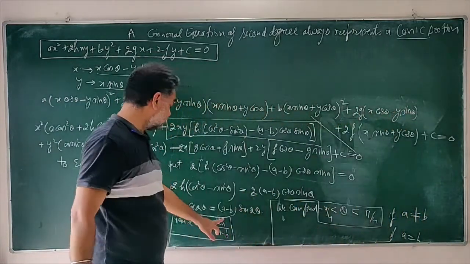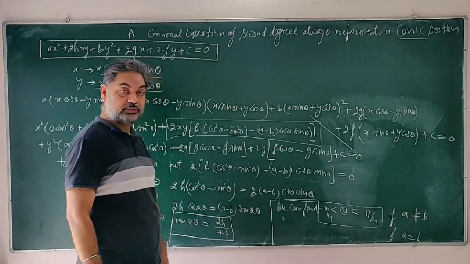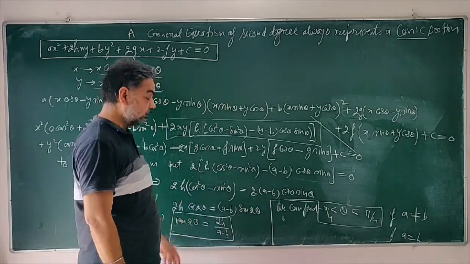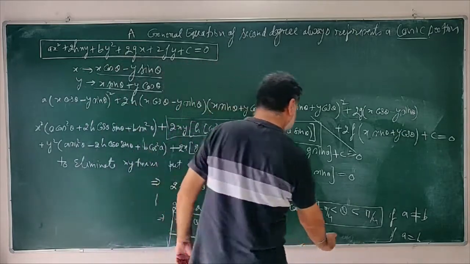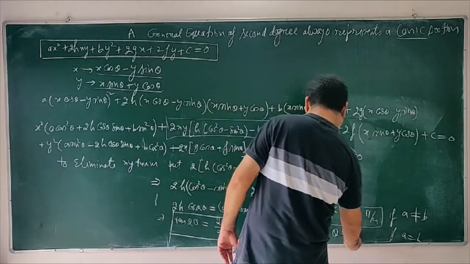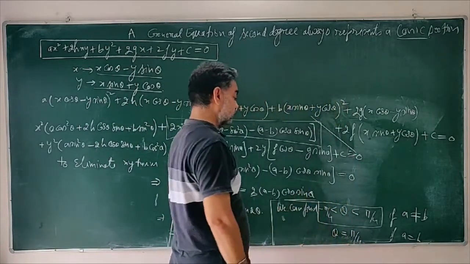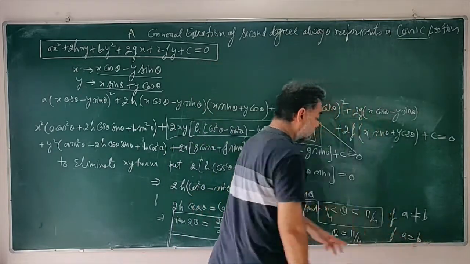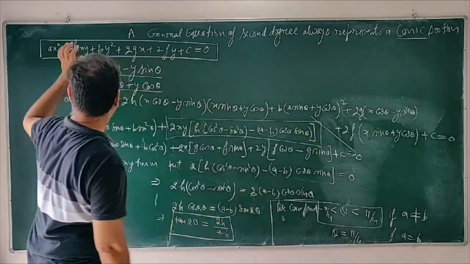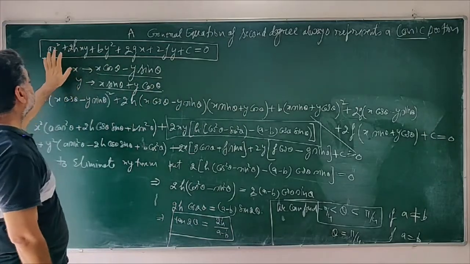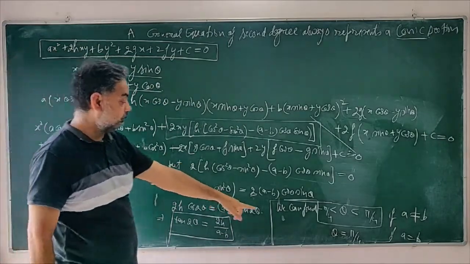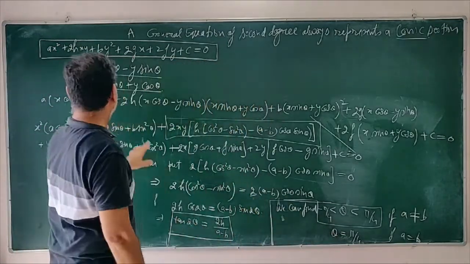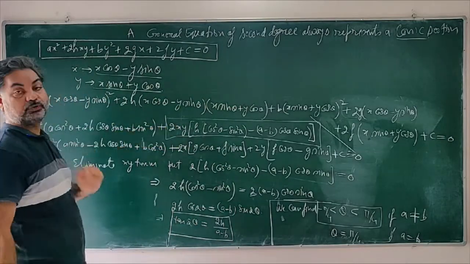And if a is equal to b, then tan 2 theta becomes infinity, and that means 2 theta is equal to pi by 2, and that means theta is pi by 4. So if a is equal to b in this equation, then by putting theta equal to pi by 4, the xy term in this equation would get eliminated.